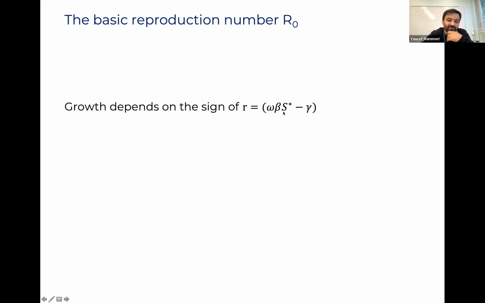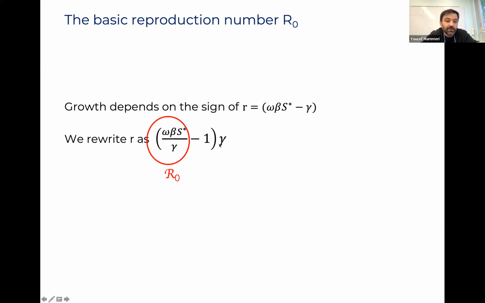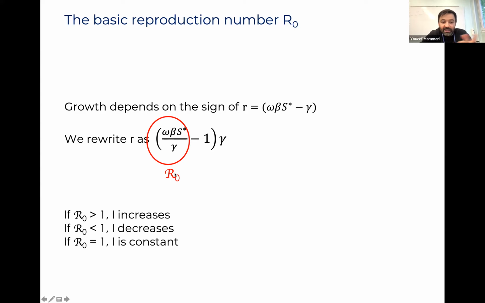For example, I can put gamma in factor, and I can rewrite it like this. This is exactly the same. And this term, just this one, I will call R naught. I have exactly the same as before, but instead of looking at the sign of the small r, I will look at whether this R naught is greater than 1.